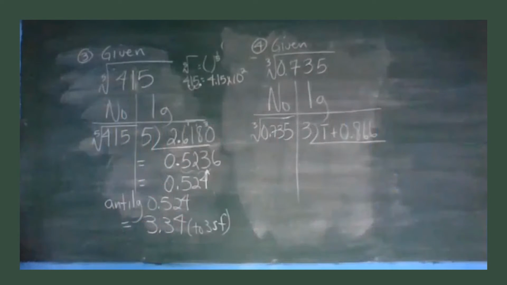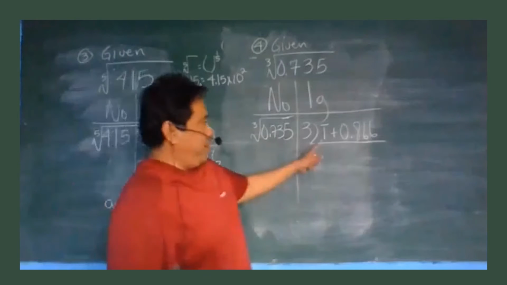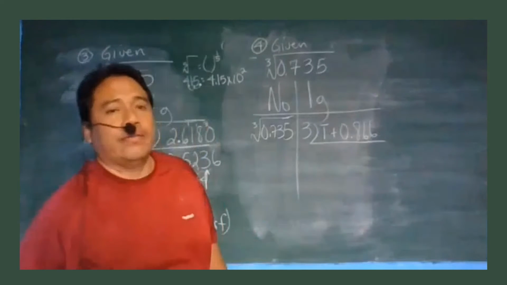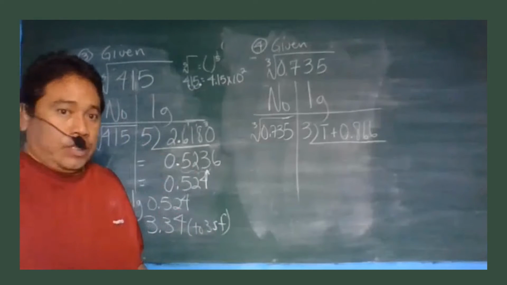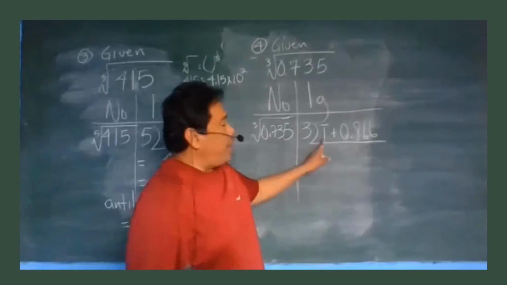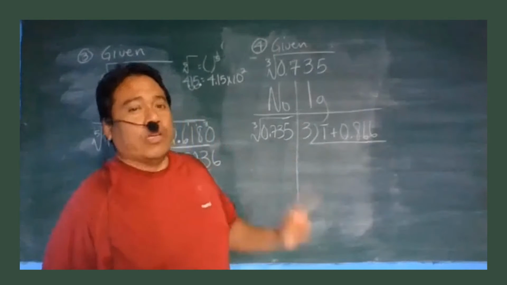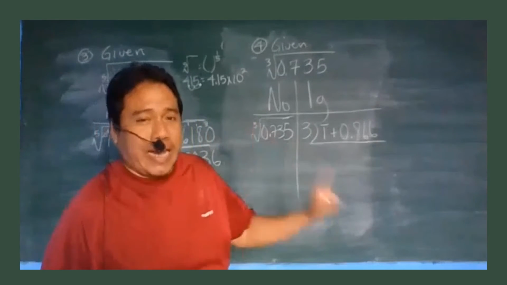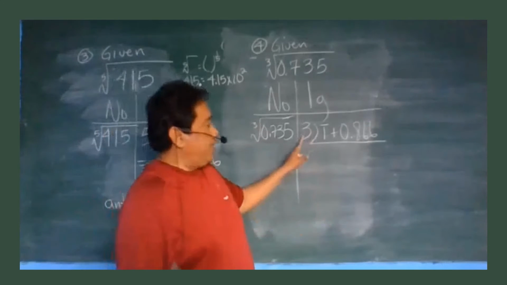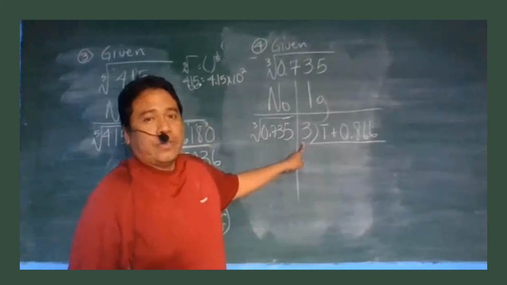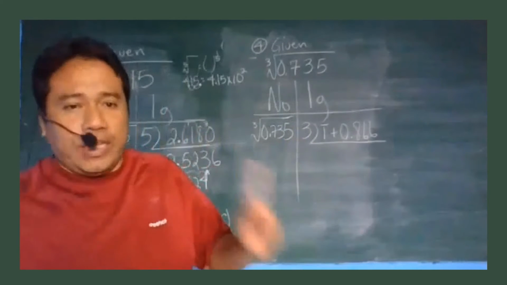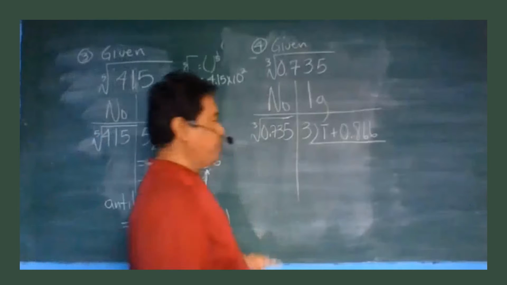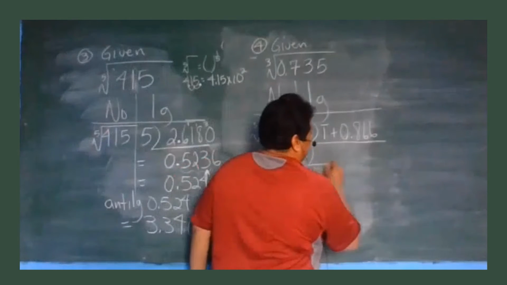Now here is the thing. Because it is negative, it's bar, I cannot divide directly. This bar value must be the same size as the divisor, or must be a multiple of the divisor, or the closest multiple of that divisor.